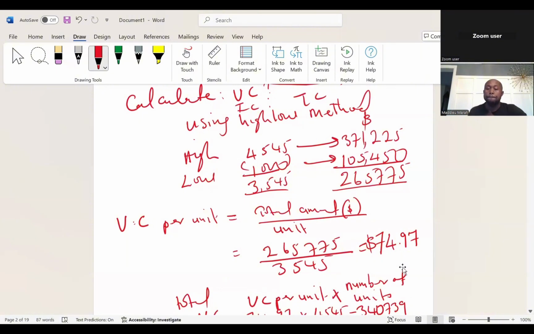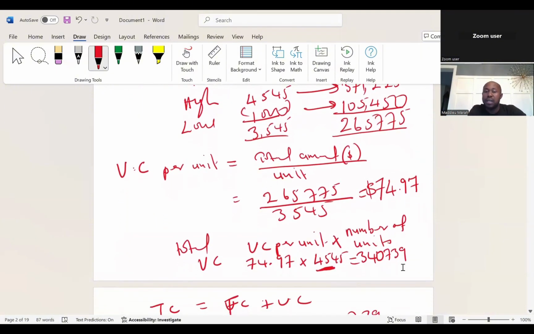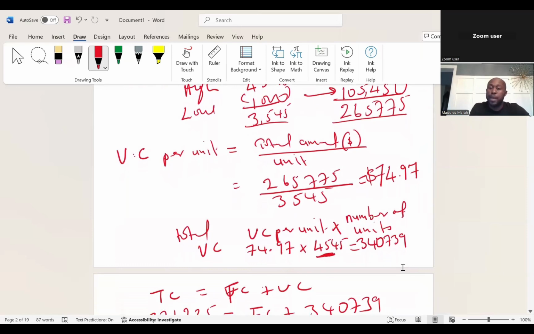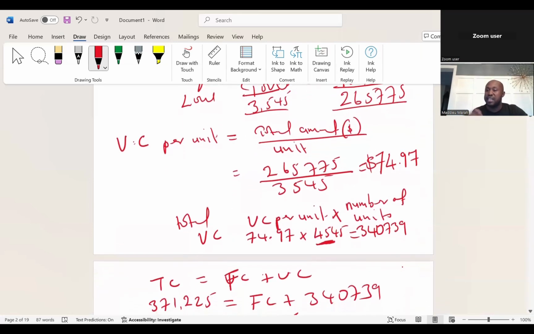Okay. Now, look at this. I decided to start with the high unit. Variable cost per unit multiplied by number of units: 74.97 multiplied by 4545. This is the high unit. And this gives me 340,739.